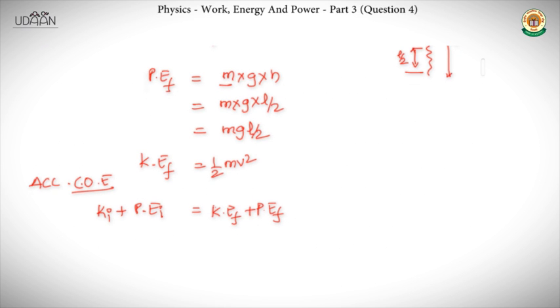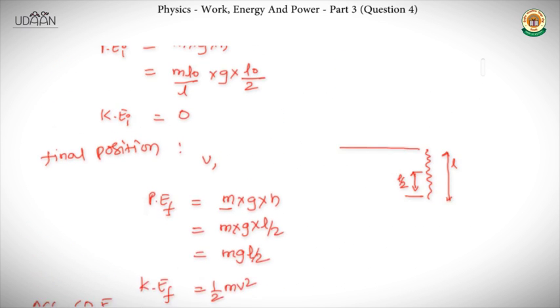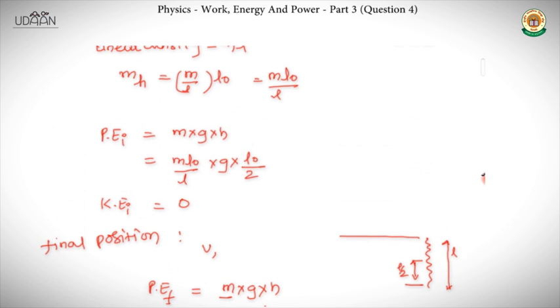So the initial potential energy, as this is below the zero level, will have a minus, equal to minus m l naught square g by 2l.